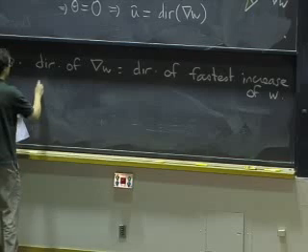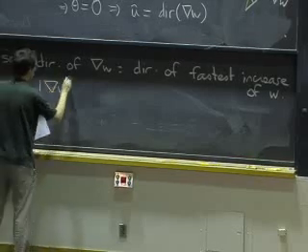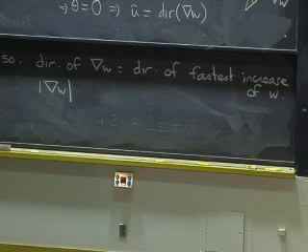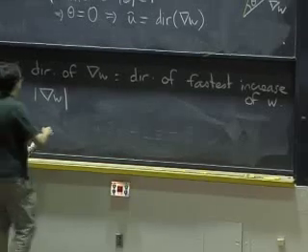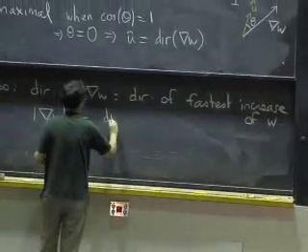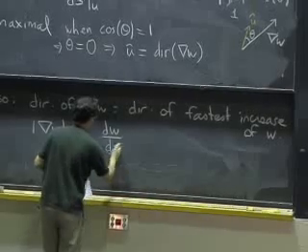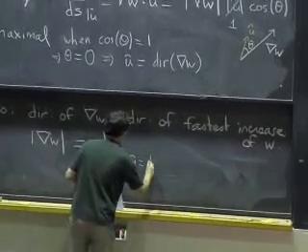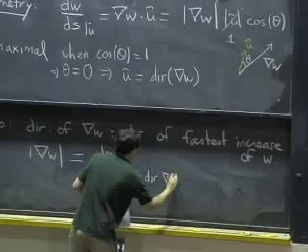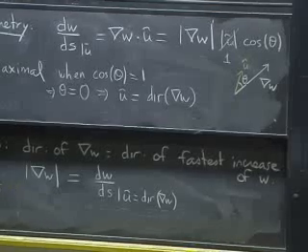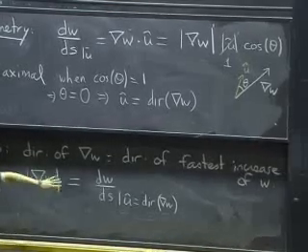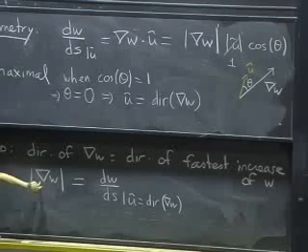And what is the magnitude of the gradient of w? Well, it's actually the directional derivative in that direction. Okay, so if I go in that direction, which gives me the fastest increase, then the corresponding slope will be the length of the gradient.